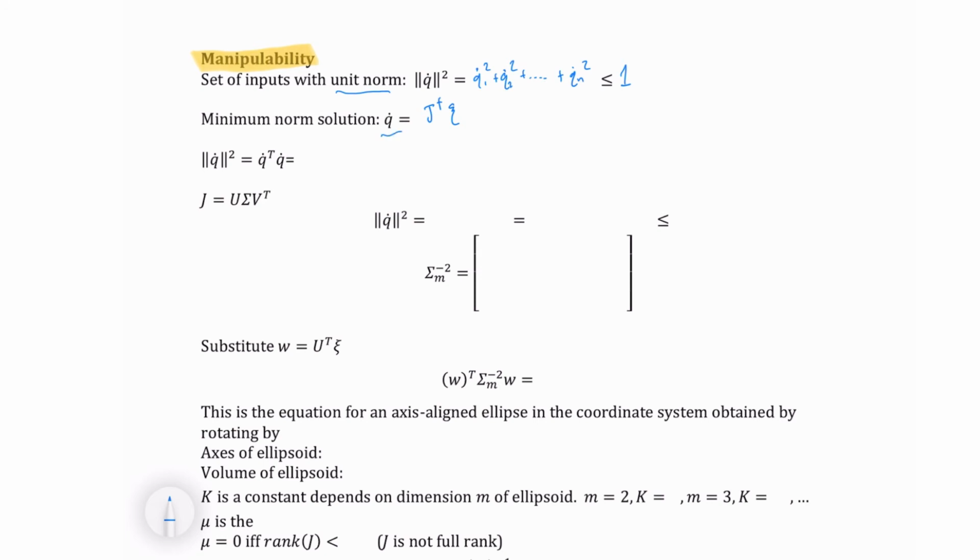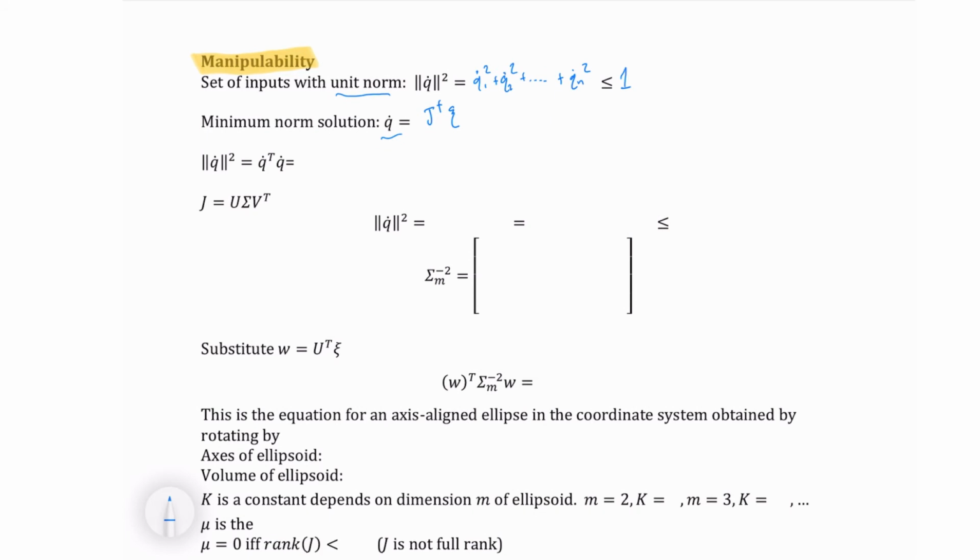And so another way that I can rewrite this norm is instead of saying q dot, take its 2 norm, I can just take q dot transpose times q dot. And because of that, then I can insert this other side in here. So that's going to be my pseudo-inverse times my psi, transposed, times my pseudo-inverse times my psi. And I can split that out a little bit because I can put my transpose through there.